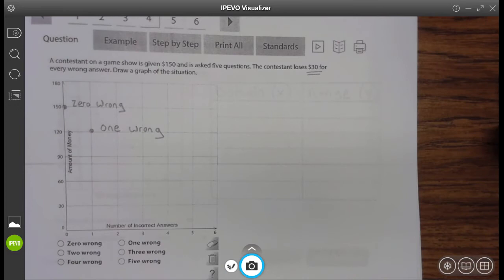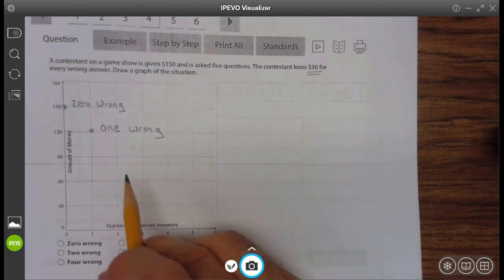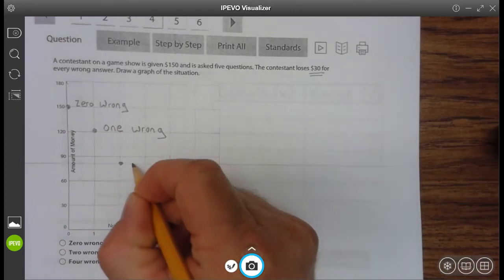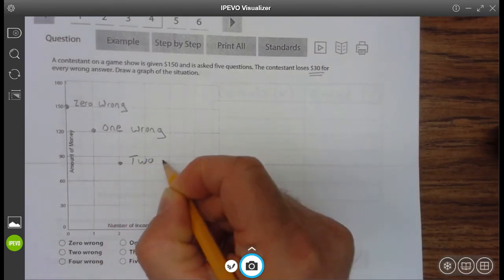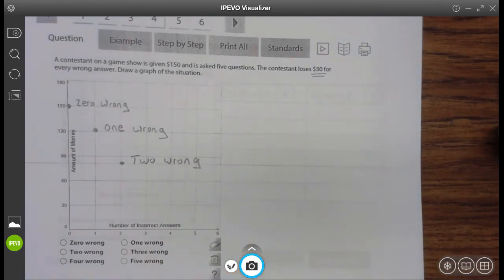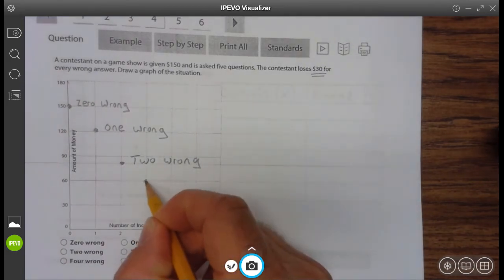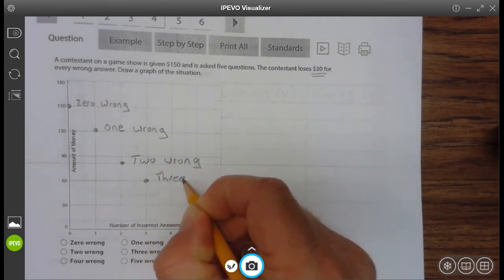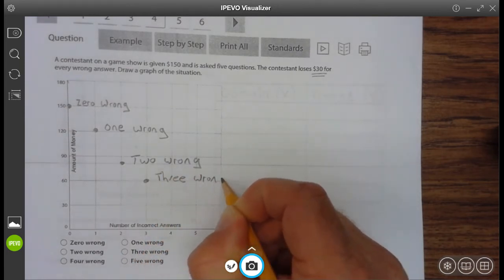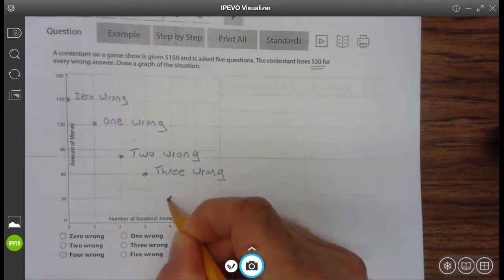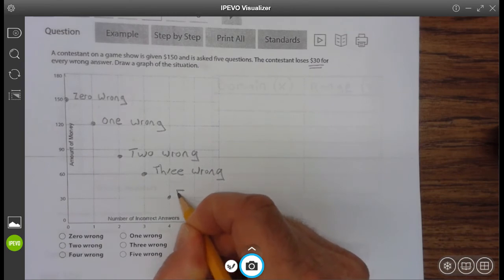Now if they get 2 wrong, that's minus 60, so that's 90. That's 2 wrong. All right, 3 wrong, another 30. Then another 30, which is 4 wrong.